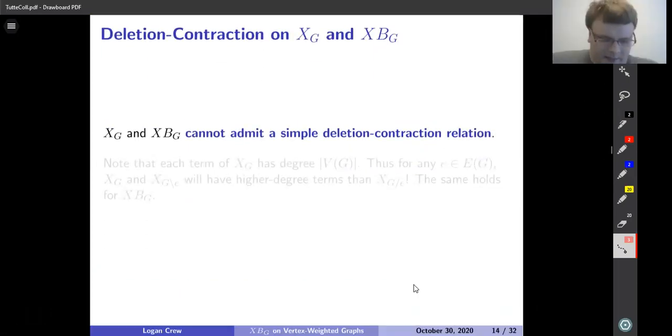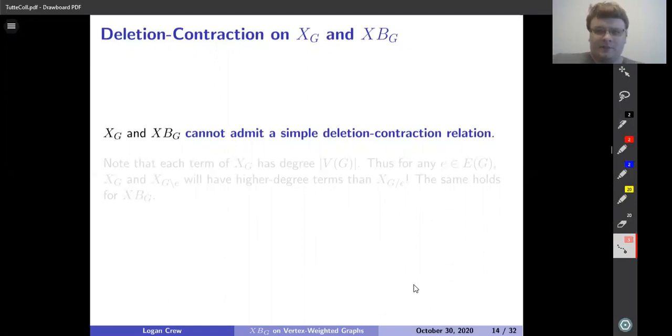Now, again, as I mentioned, I'm going to get more into why these are interesting and what applications these have. But first of all, I do want to point out one thing. One of the nice things I highlighted was that chi-g and the Tutte polynomial have a deletion contraction relation. And in fact, that was one of the nicest things about the Tutte polynomial, it represents kind of every nice thing with deletion and contraction.